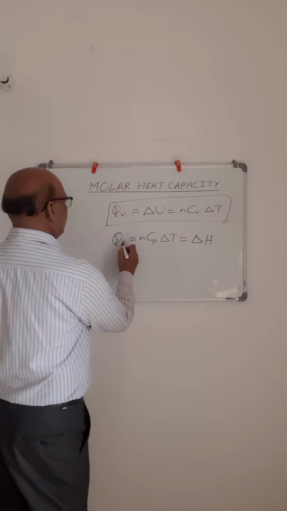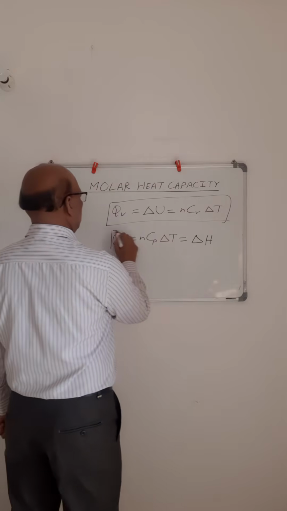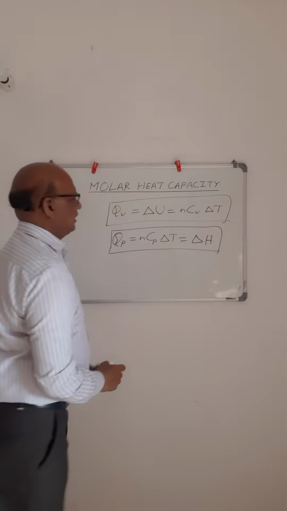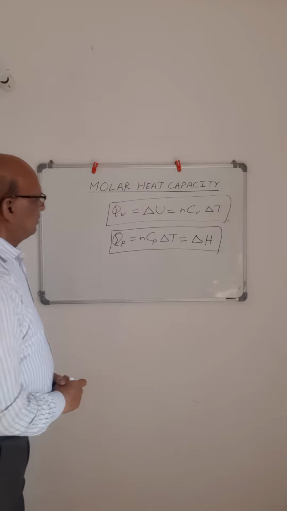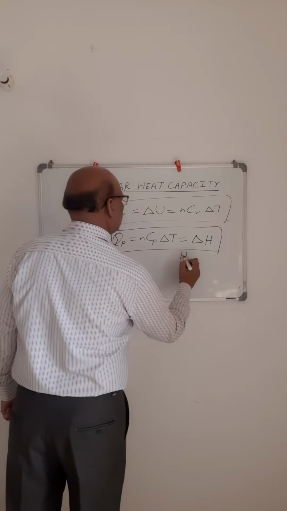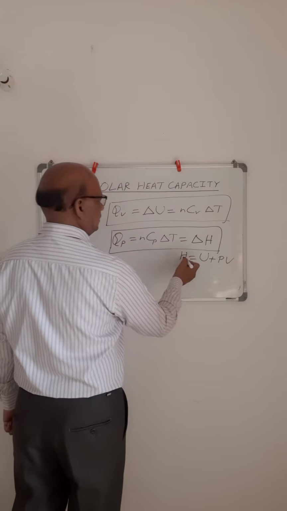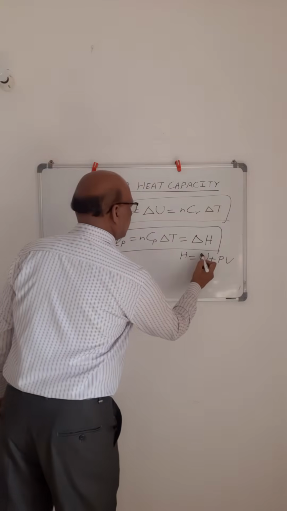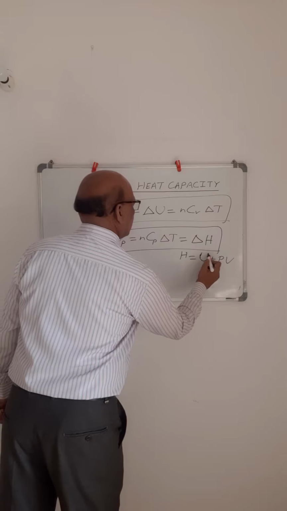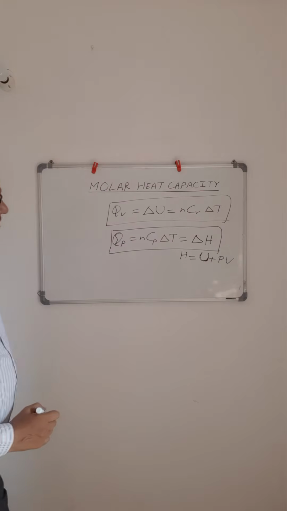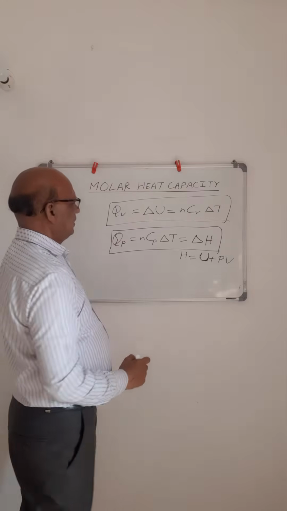So heat supplied at constant pressure, n Cp delta T, is equal to the change in enthalpy of the gas, where H is nothing but U plus PV. U is the internal energy of the gas, P is the pressure and V is the volume of the gas.